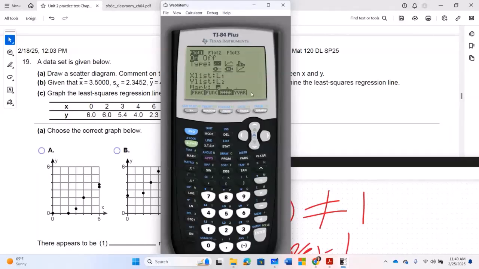Whenever I see this argument, I will X out and then zoom 9 on the main screen. I need to clear this equation here. So when I zoom 9, zoom stat, I see the scatter plot.